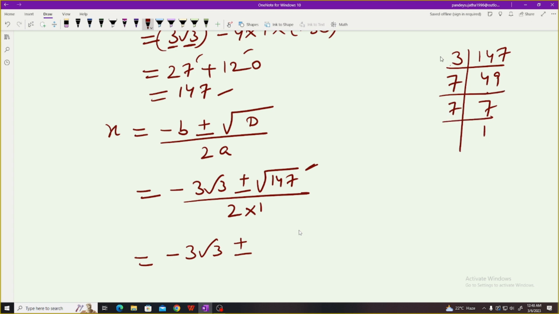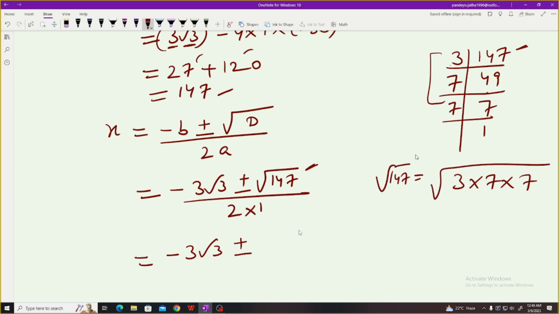So these are the factors of 147. From these factors we will bring this 7 out of the root. So we get the root of 147 will be equal to 7 root 3, upon 2.